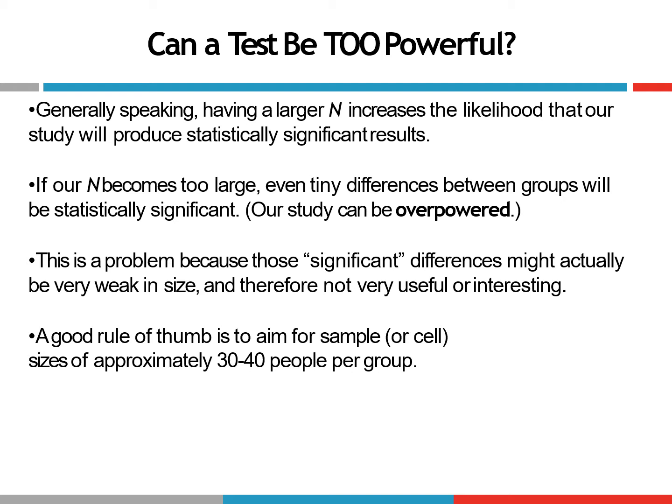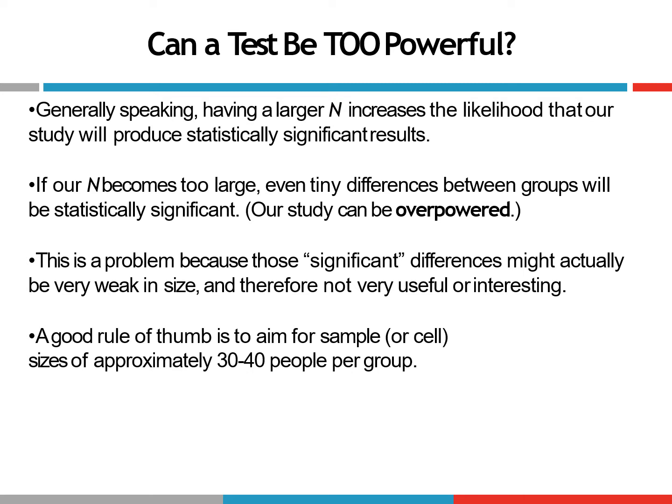But if our sample size becomes too large, even very, very minute differences will likely be statistically significant. And this is a problem because those significant differences might actually be very weak, and therefore not very useful or interesting, right?